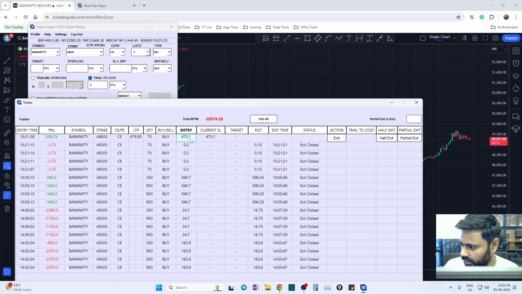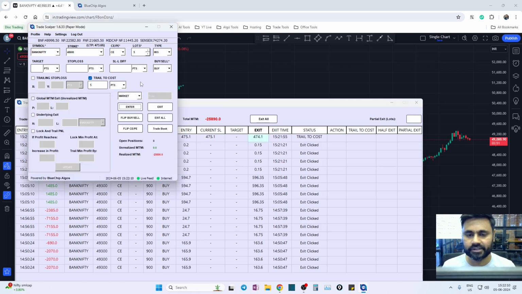Entry is 475.1 and the current SL is also 475.1. This is because the trailing has been done. Trail to cost is activated here. All right, and you can see that it has come back and trail to cost is hit, so the status is changed to trail to cost, and it exited almost at the same price, at no profit no loss. So this is trail to cost, which is very important to log the profits.